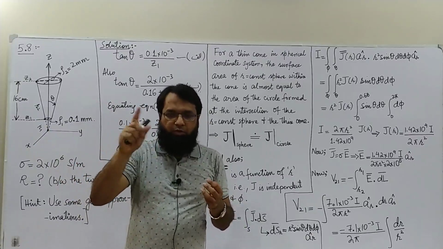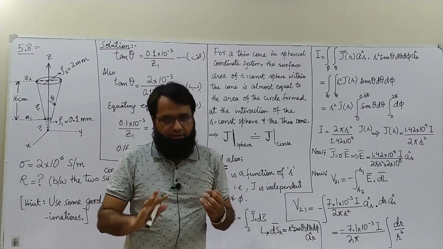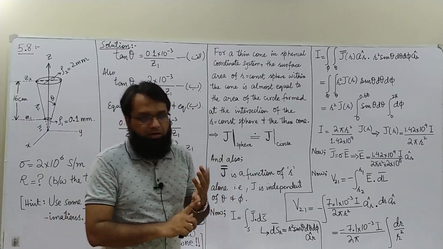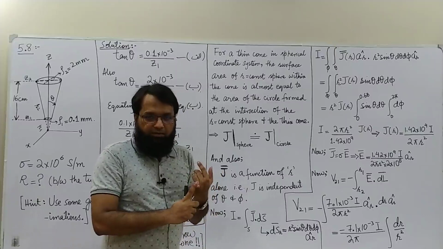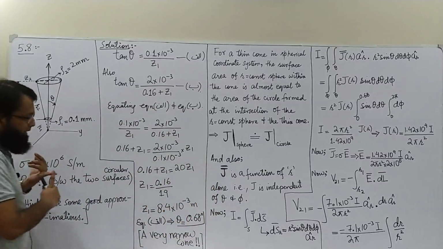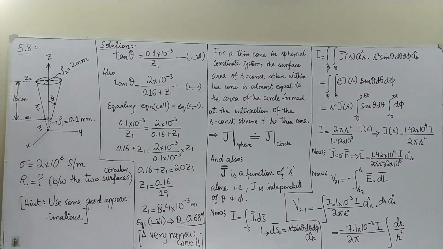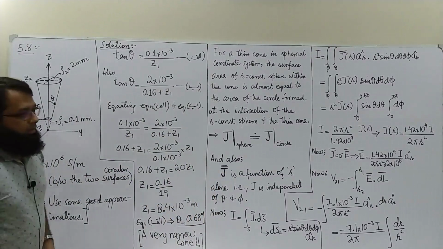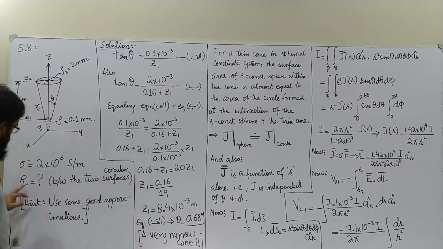Current is equal to the surface integral of J dot dS. We must use that equation to find current. It means that J, that is current density, should be known to us, and R is equal to V upon I.